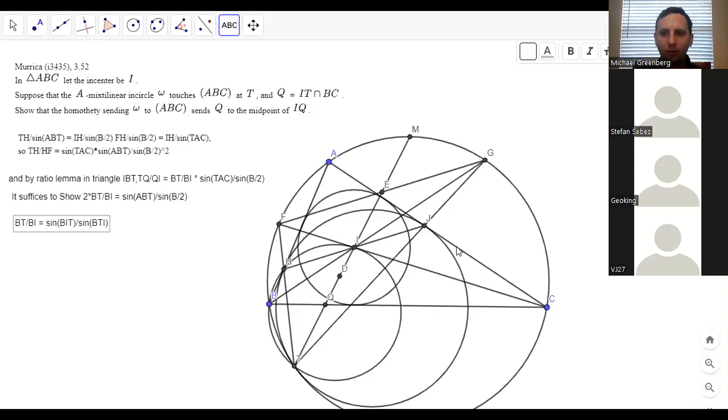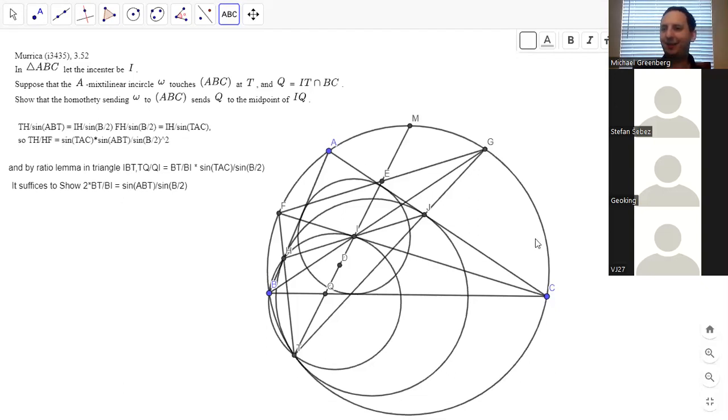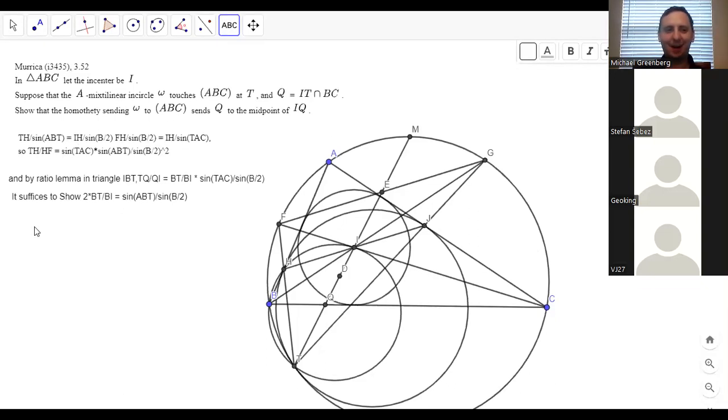Okay, so you did that, and then BI. Okay. So let me delete this. I like this. I never liked trig in the beginning, but now I'm starting to like it a little bit.